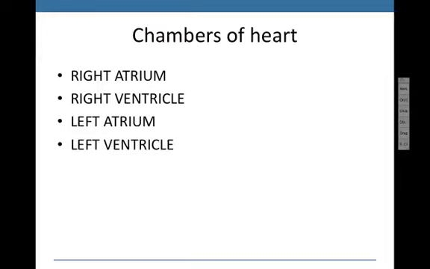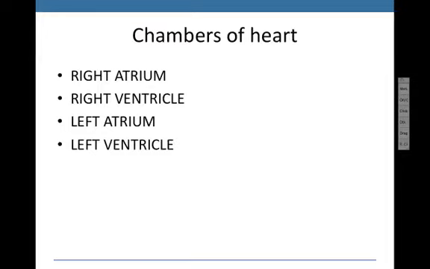Now the chambers of the heart, that's what they're referred to. We're going to look inside a heart. And we have four main areas. There are two top areas, the right atrium and the left atrium, and two bottom areas, the ventricles.